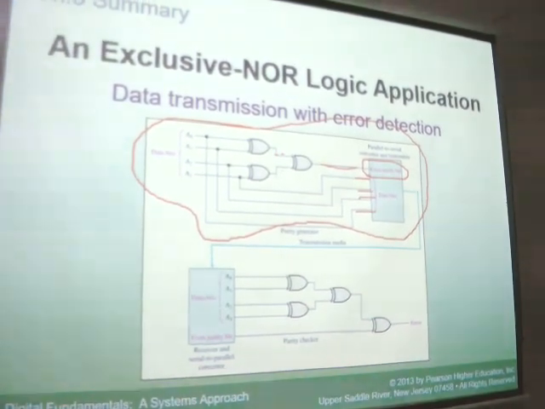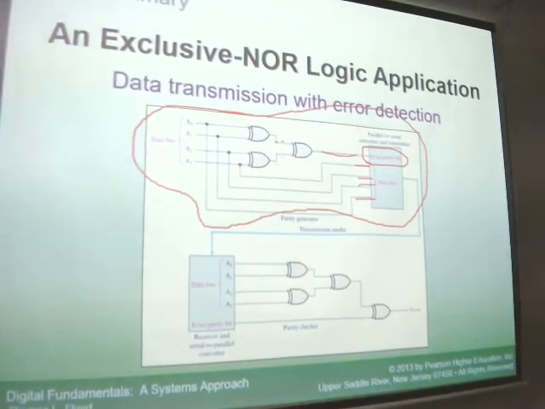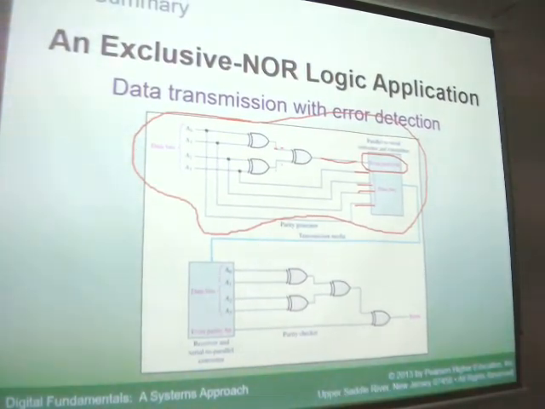So if A0 and A1 are unequal, then the output is 1. If A2 and A3 are unequal, then the output is also 1.